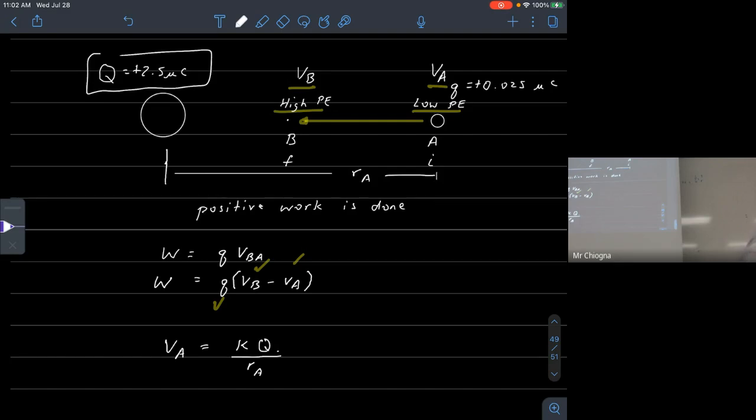Okay. We're told, what is that distance? It says in what I just stated that this small charge is moved from 3 to 1 centimeters. So this is 3 centimeters.